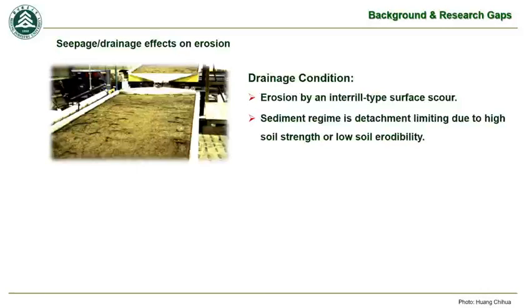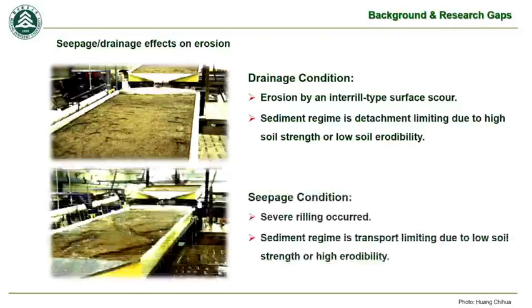Due to high soil strength and low soil erodibility, the sediment regime is detachment limiting. Seepage flow enhances the quick condition as interparticle forces are reduced, and it also reduces the soil strength, resulting in severe rilling on the slope, and the sediment regime is transport limiting.